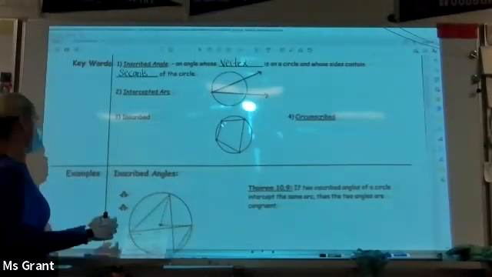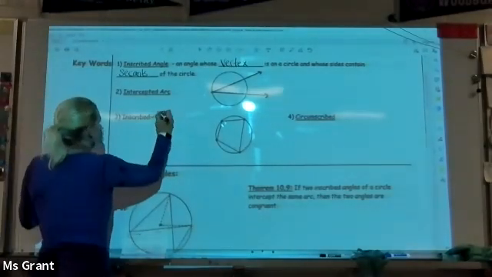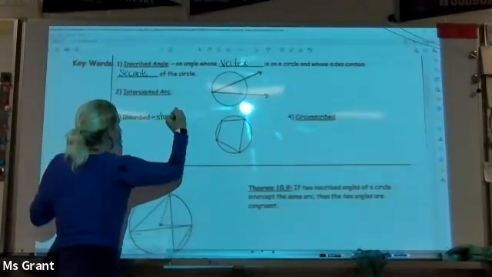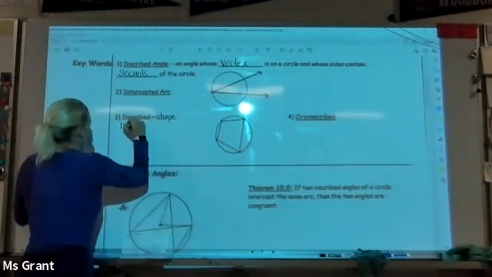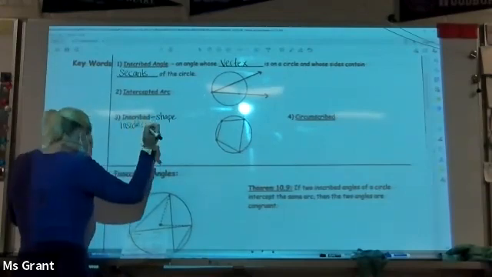An inscribed angle, inscribed means that there's a shape inside a circle.